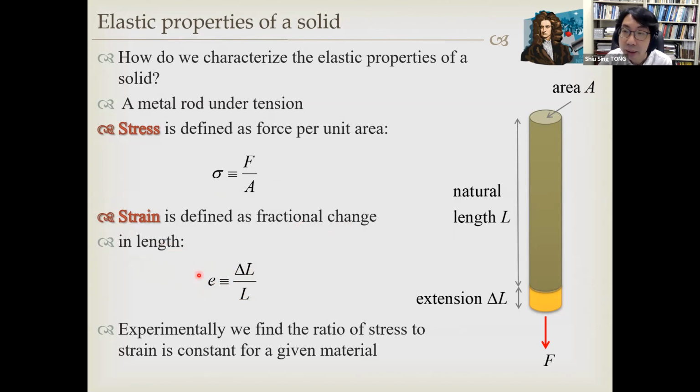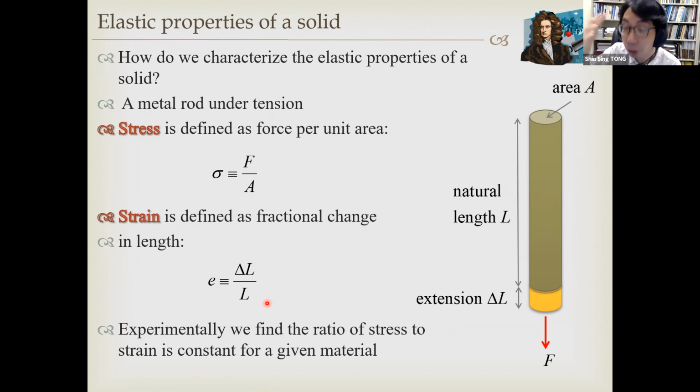Now experimentally, we find the following fact. We find that for a wide range of stress, the stress is proportional to strain, and the ratio is a constant for a given material. That means if you choose a given material, for example steel or aluminum, and you plot a graph of the stress against strain, you find that it is a straight line.